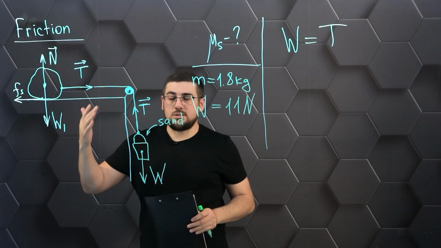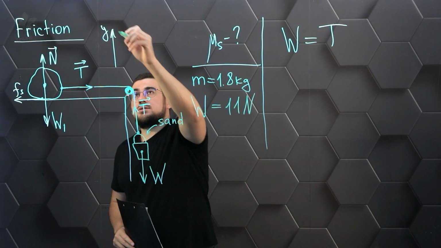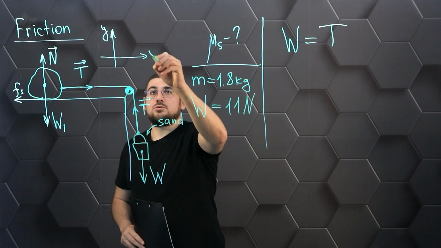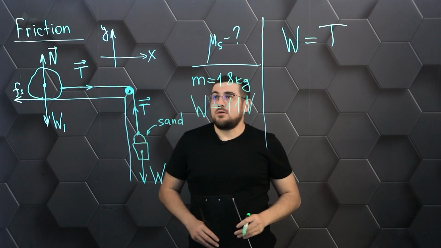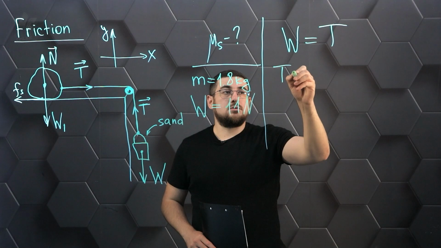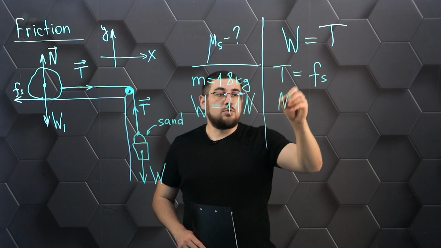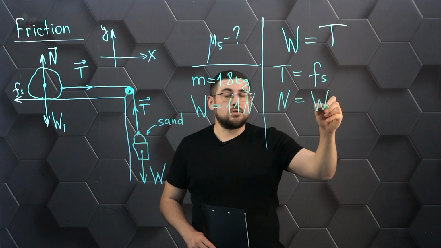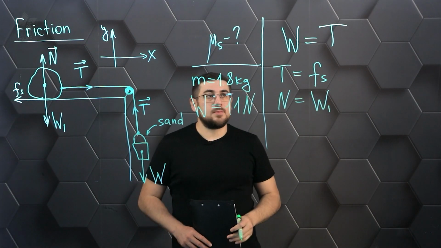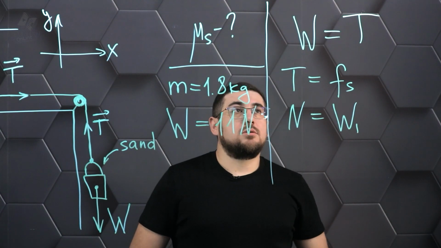We can take the classical coordinate plane. On the x-axis, the tension of the thread is compensated by static friction. Vertically, the force of the support reaction is compensated by the weight of this object. Now our task is to solve the resulting system of equations.